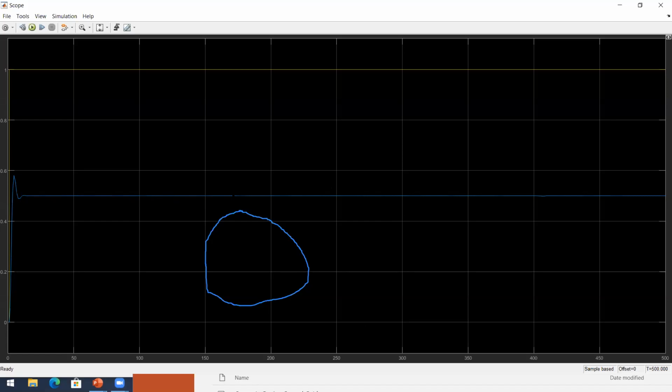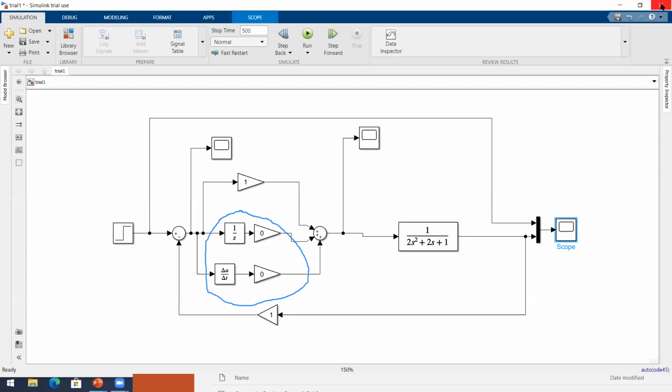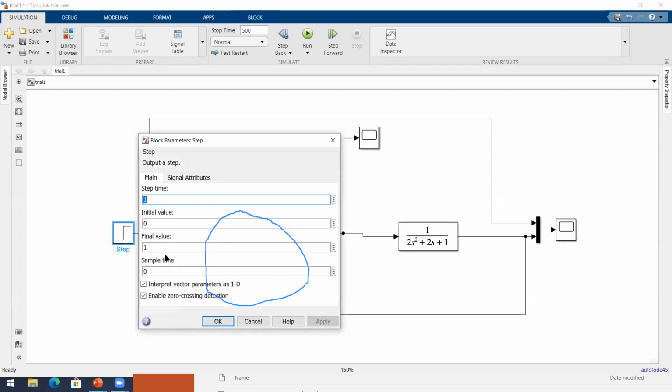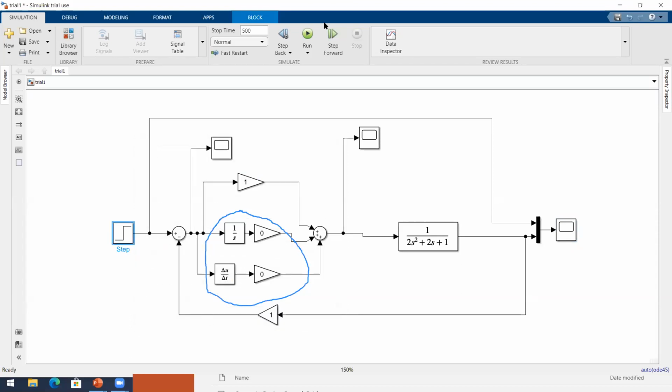But what did we require? We require 1. The desired output is 1, but what we get as output is 0.5. So not enough. If the desired value is 1000, I want 1000 degrees centigrade, what will be my output?